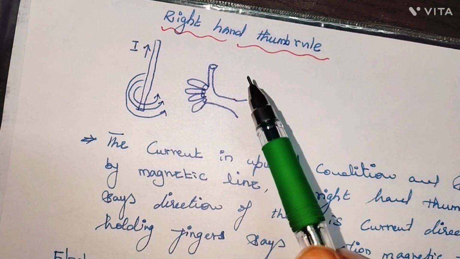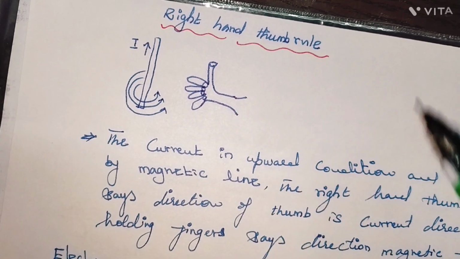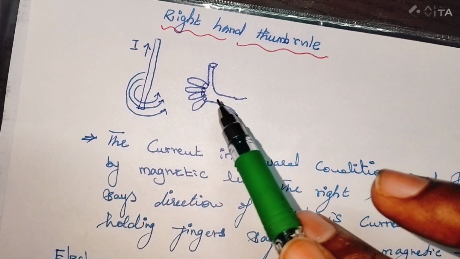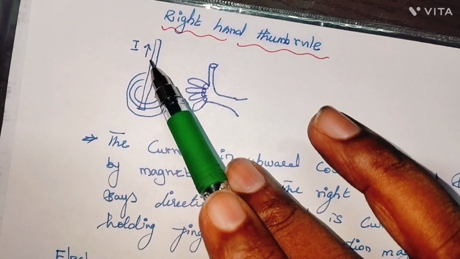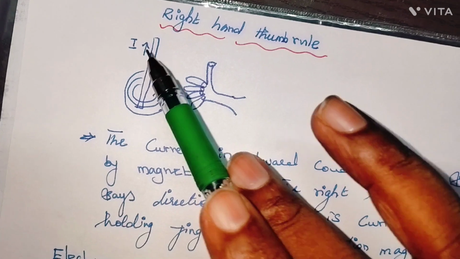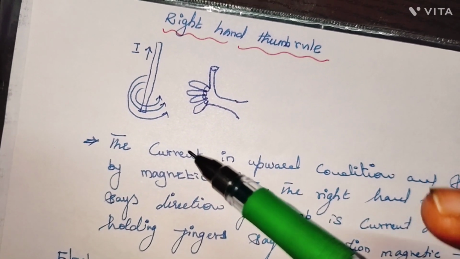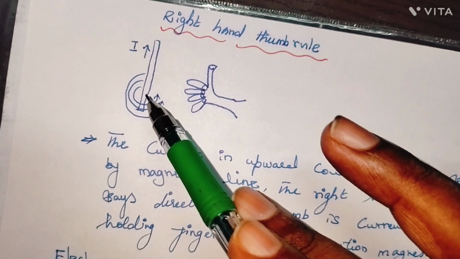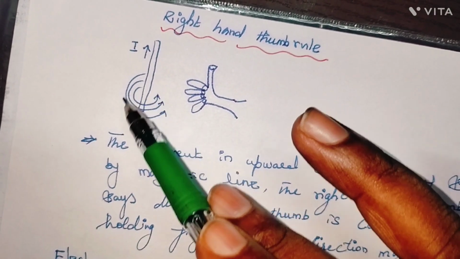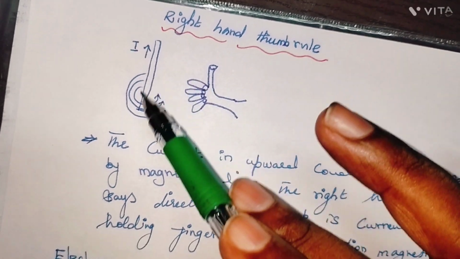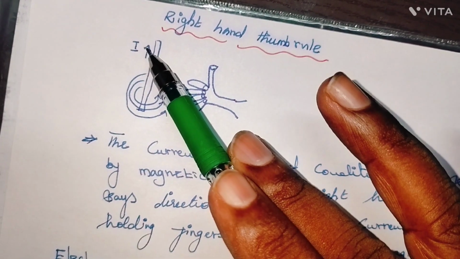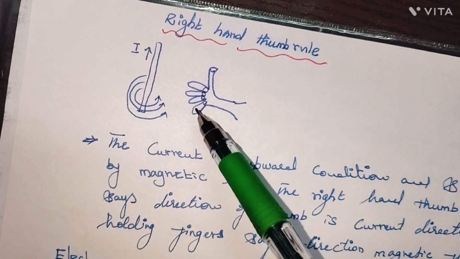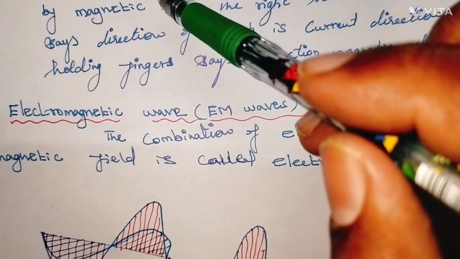Here we can describe the right hand thumb rule. This right hand implies this bar magnet. Here the current is in an upward direction, and the fingers hold in the direction of the magnetic flux. These lines show the direction of magnetic flux. The thumb represents the direction of current upward, and the magnetic flux lines are the holding fingers.